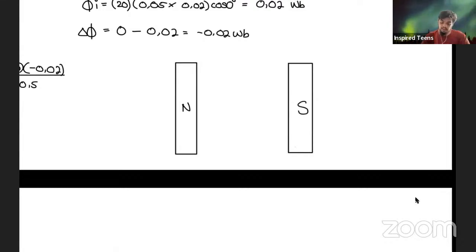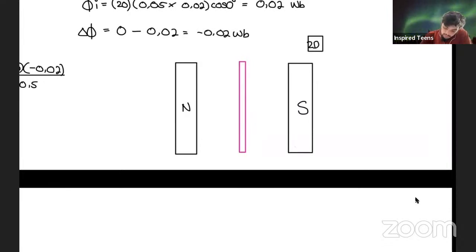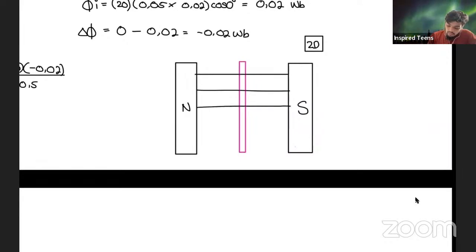Let's just say we have a coil, and I'm going to represent it by a cylinder. Let's make it thinner. Let's just say this is the coil. This is a 2D diagram, that's important to understand. Now let's draw my magnetic field lines: 1, 2, 3, 4, 5.